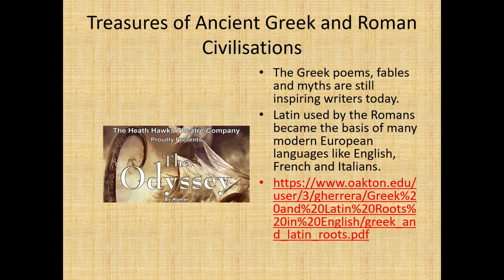Now, other than looking at the discoveries at the archaeological sites, we can tell about the development of some early civilizations by looking at the literature. If you can still recall what we talked about, the treasures of the ancient Greek and Roman civilizations, you must still recall that the Greek poems, fables, and myths are still inspiring writers today.